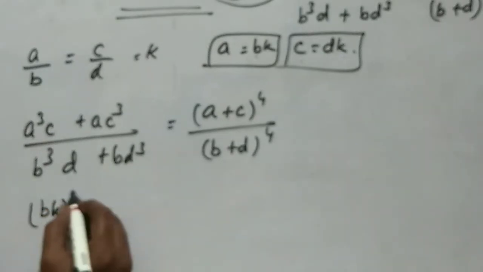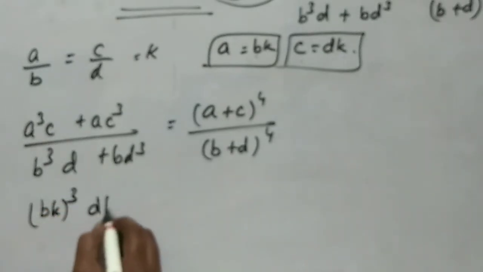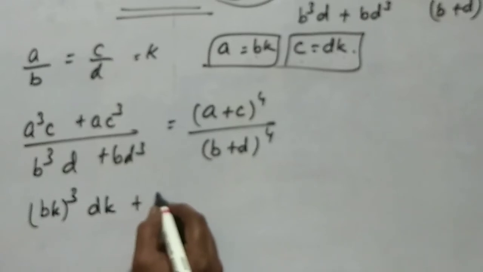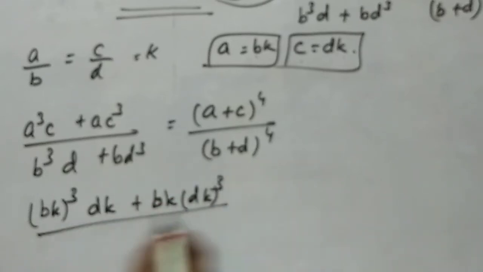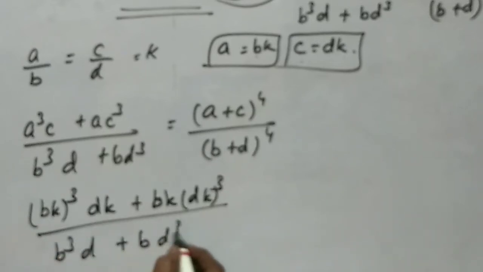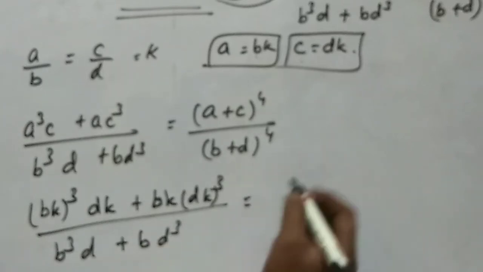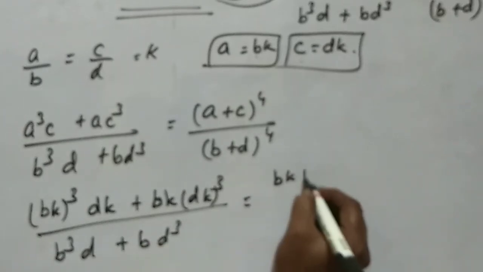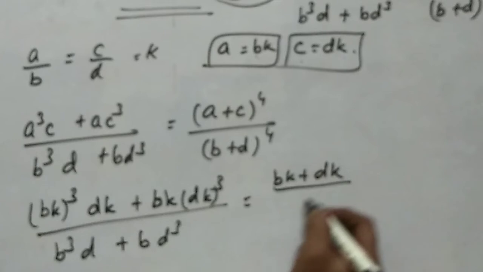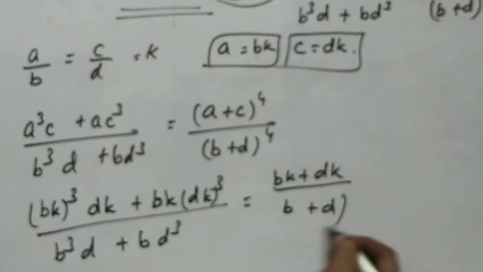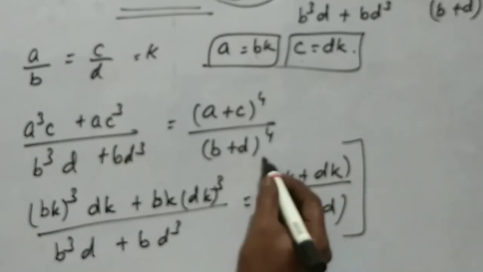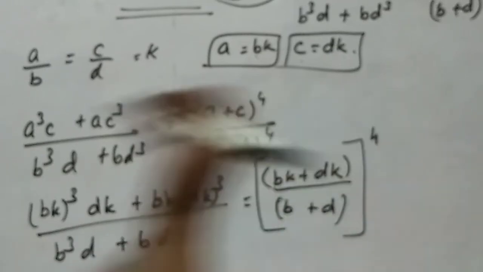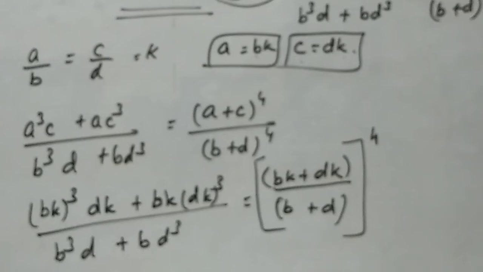So, (bk) whole cube times dk plus bk times (dk) whole cube upon b cube d plus b d cube, is equal to (bk plus dk) upon (b plus d) power 4. Can we write?